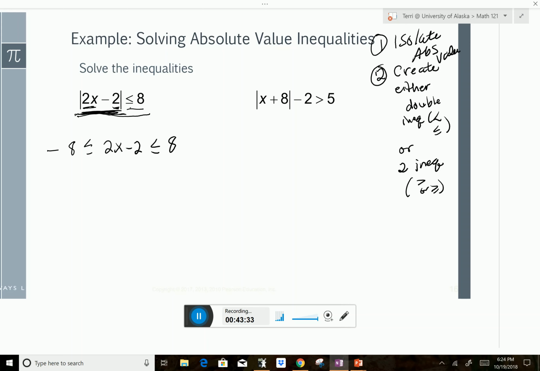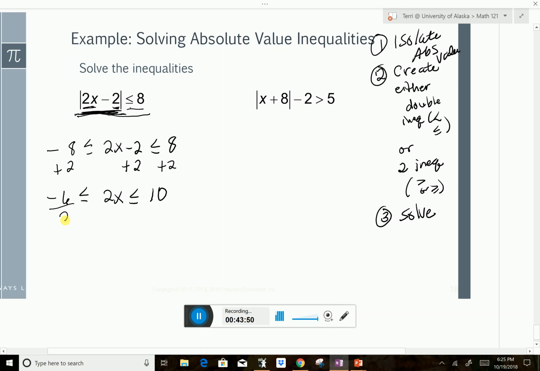So what does x have to be in order for that to happen? We add 2 to all three, and then we just solve as we know how to solve a double inequality. Negative 6 is less than or equal to 2x is less than or equal to 10. Now we divide all three things by 2. Negative 3 is less than or equal to x is less than or equal to 5.